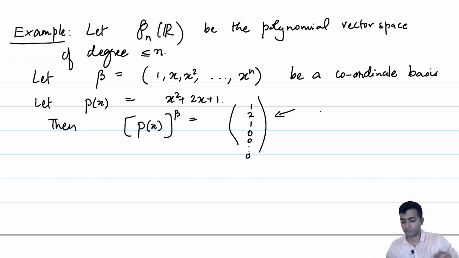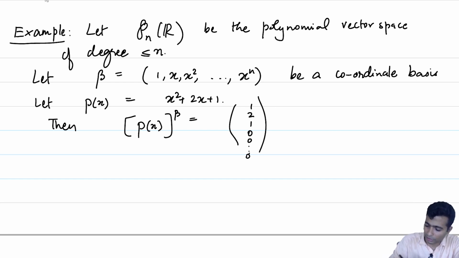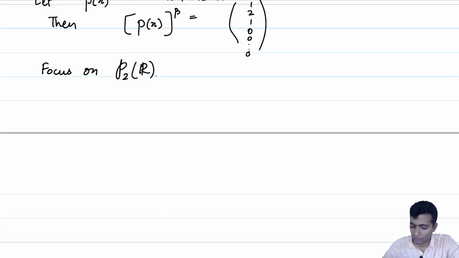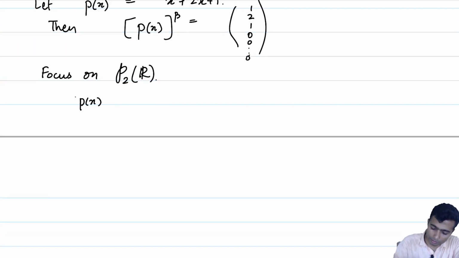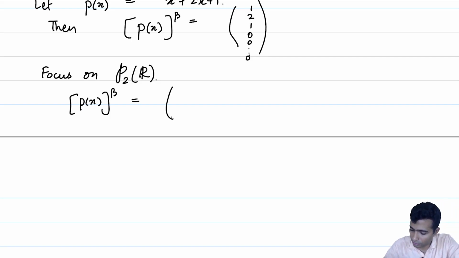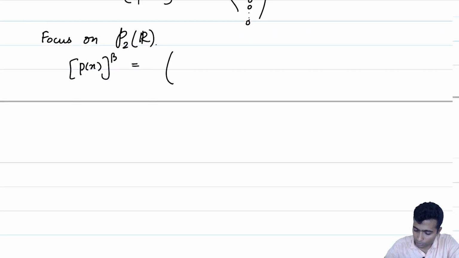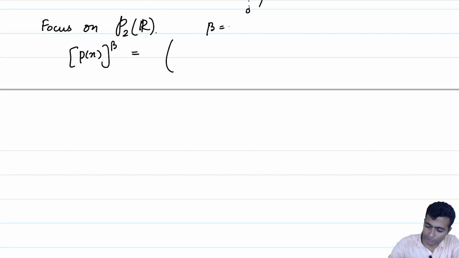This is the coordinate vector of P of x with respect to it. Let's just make it a bit more simple. Let us focus on n equal to say 2. Focus on P2 of R. Then the coordinate vector of P of x with respect to beta, what was our P of x? x square plus 2x plus 1, and beta, if it is 1, x, x square, this is going to be 1 2 1.